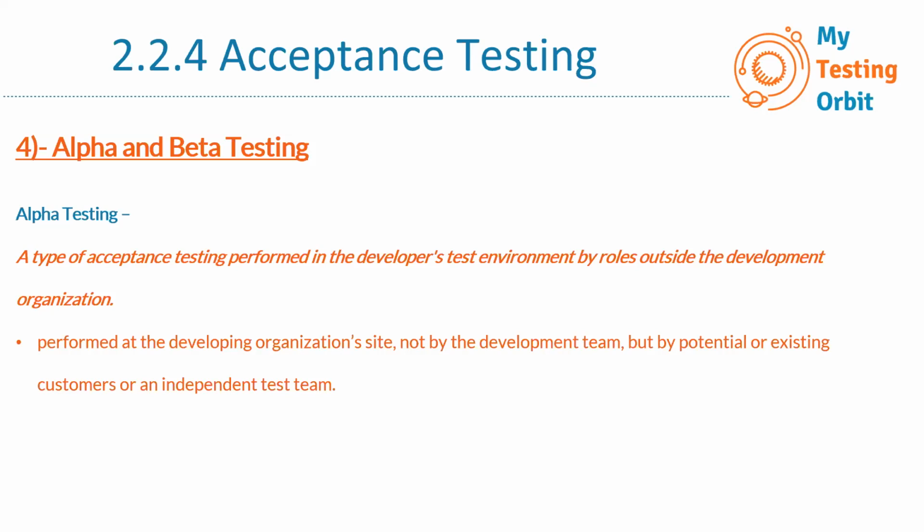This project team will be comprised of the developer, tester, business analyst, etc. So when we say the roles outside the development organization, we are talking about that team who was part of the development of that project.